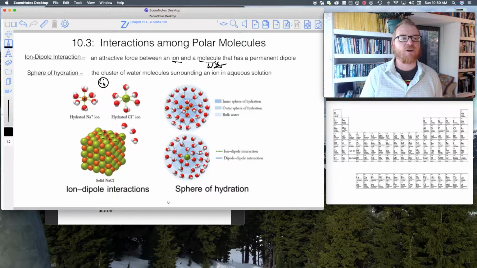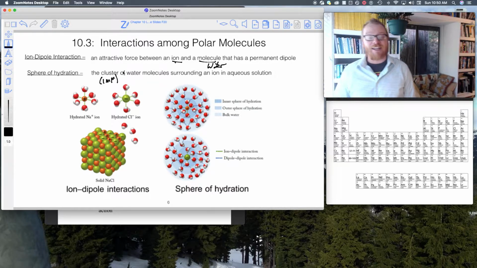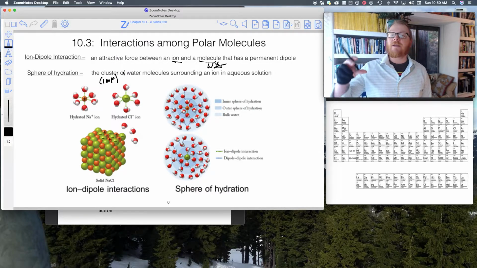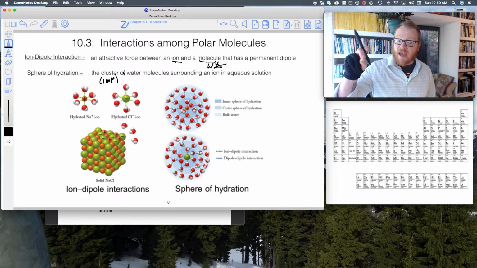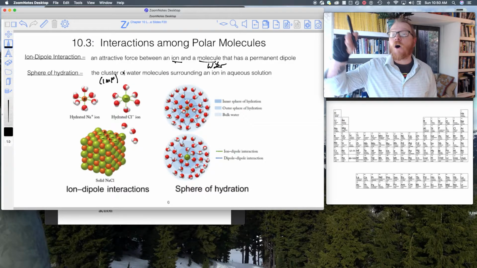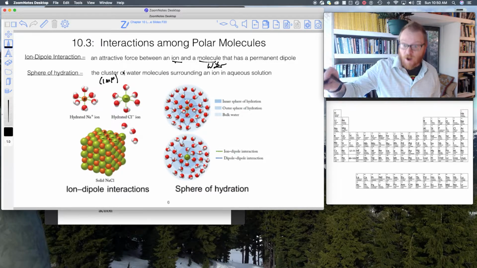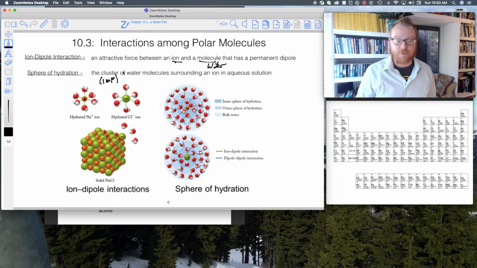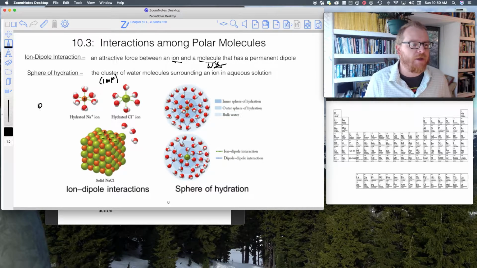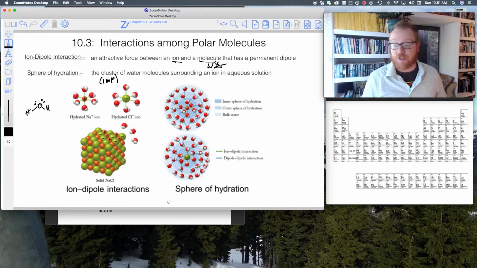And this cluster is due to the intermolecular forces that exist not only between the water molecules and the ion, but also between the water molecules and the water molecules themselves. Okay? So for example, if we look at sodium here, and I'll remind you that our water molecule has this bent geometry, right?